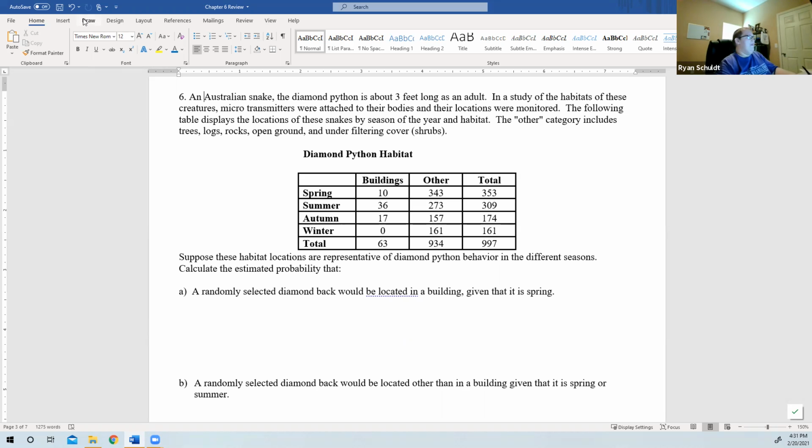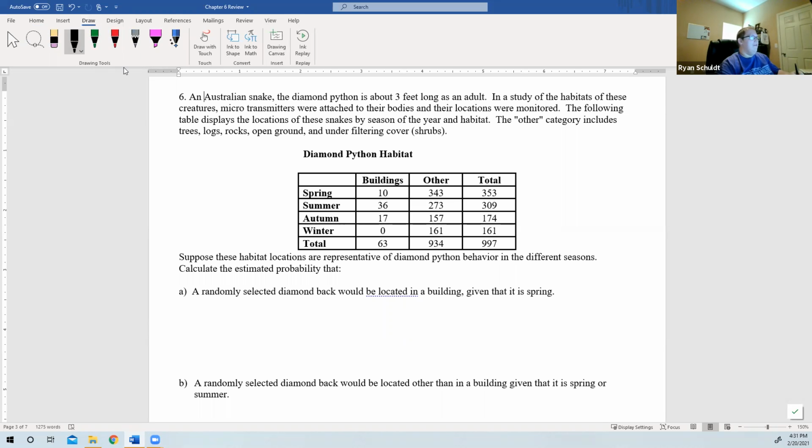So A says a randomly selected diamondback would be located in a building, given that it's spring. Let's see, probability of building given spring.